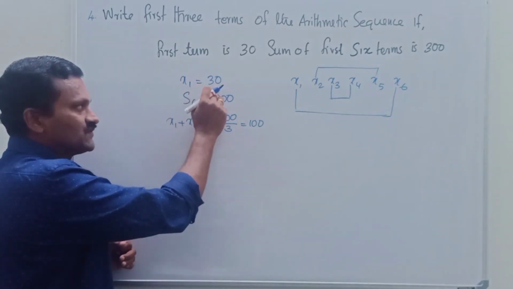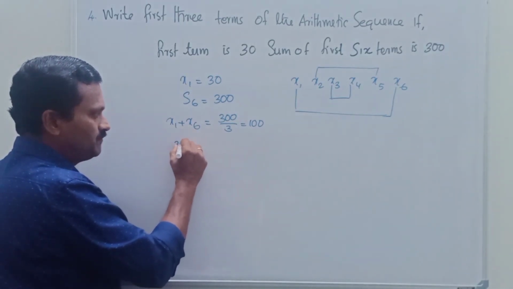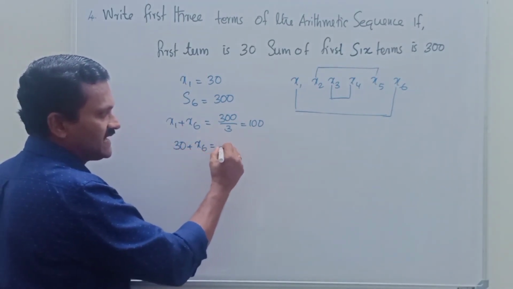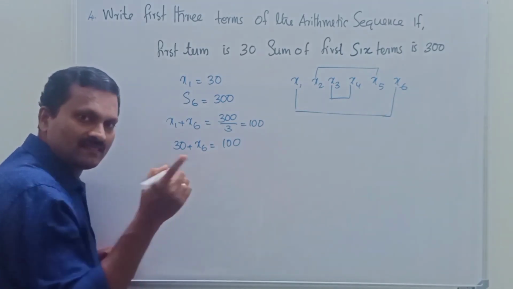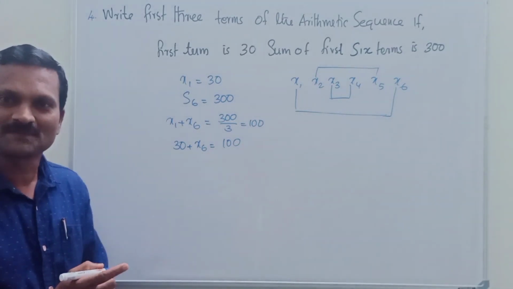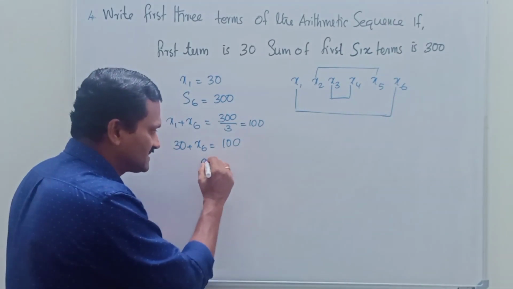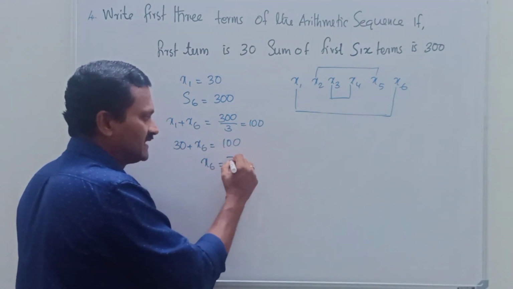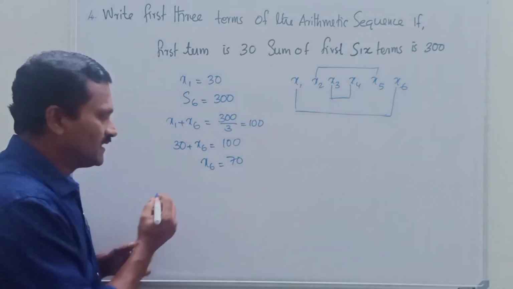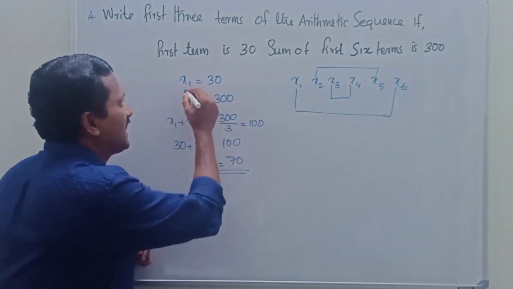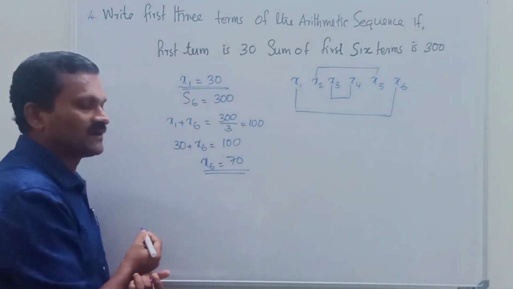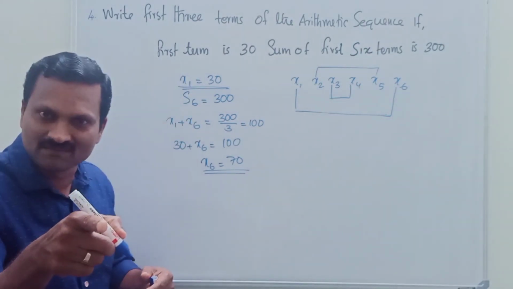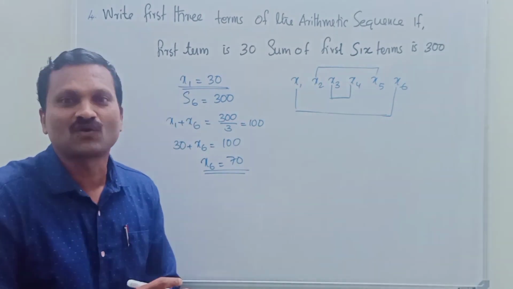In this, x1 equals 30, so it becomes 30 plus x6 equals 100. Then what about x6, that is the sixth term? The sixth term x6 equals 100 minus 30, that is 70. Now the sixth term and first term are known. Using these two terms, we can find the common difference.